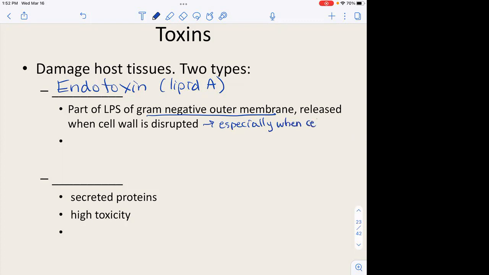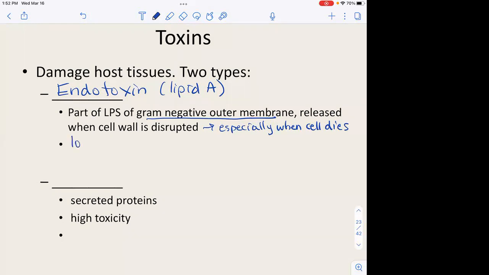When a cell dies, that outer membrane, that cell wall starts to break down, and that's when we get a large amount of endotoxin released. So what problems does that cause us as a host if we have gram-negative bacteria that are all dying at once and releasing endotoxin?